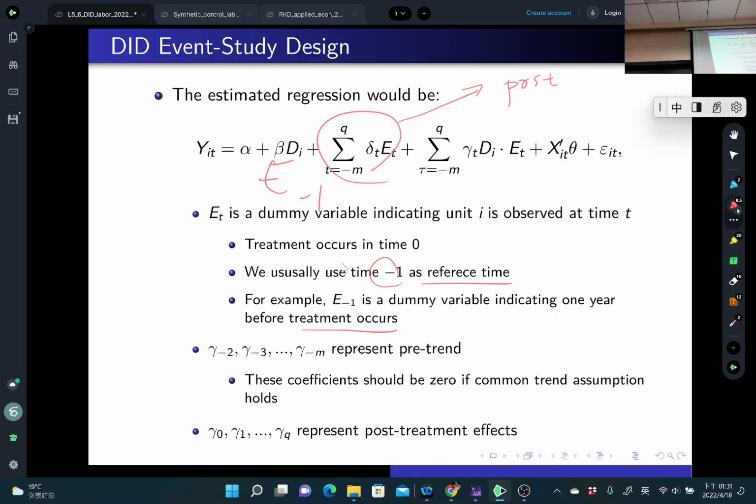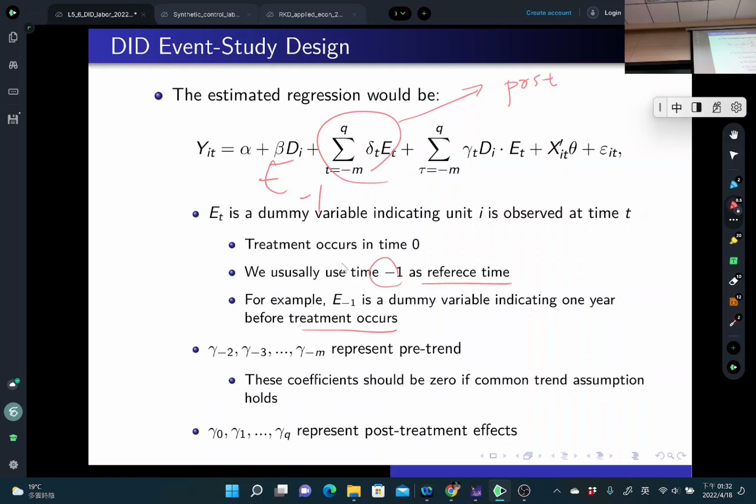And this interaction represents the difference in the outcome between the treatment group and control group. This difference in each event timing, compared with the reference time. Okay, and we want to see whether this difference in outcome between treatment group and control group becomes bigger or smaller after treatment happened, compared with the difference at the reference timing.